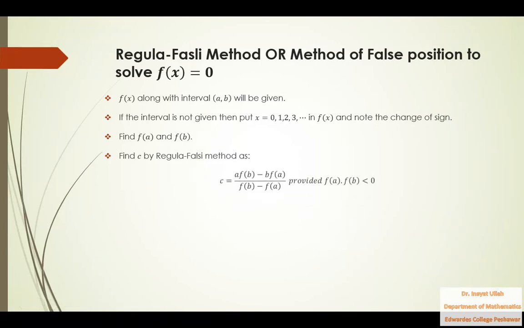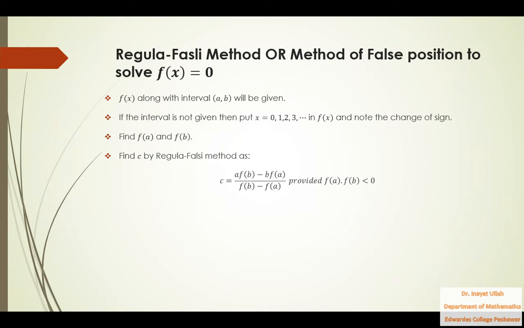The formula for c is a f of b minus b f of a, divided by f of b minus f of a, provided that f of a multiplied by f of b is negative. So this formula is valid whenever f of a multiplied by f of b is negative.